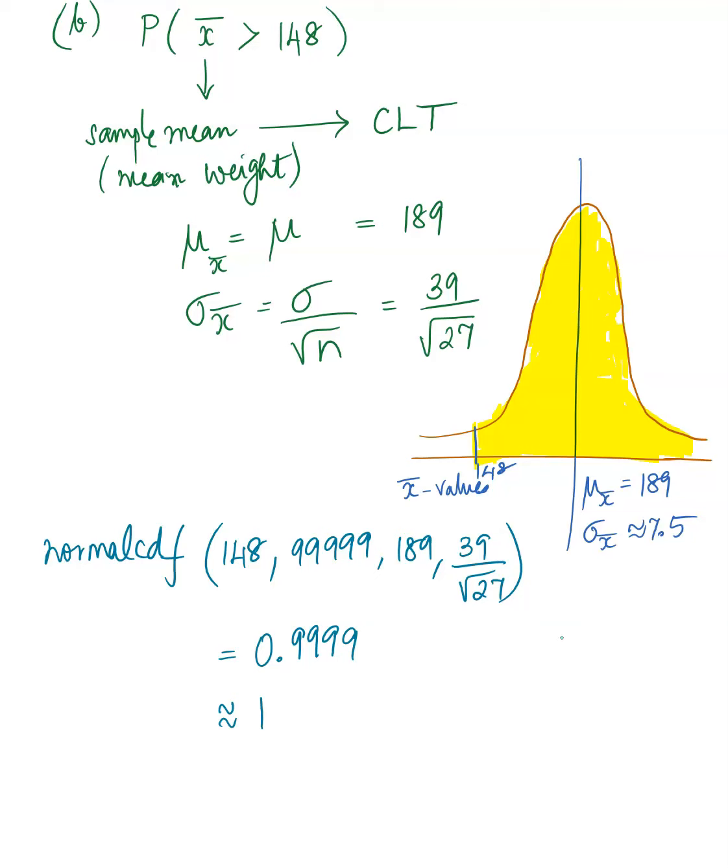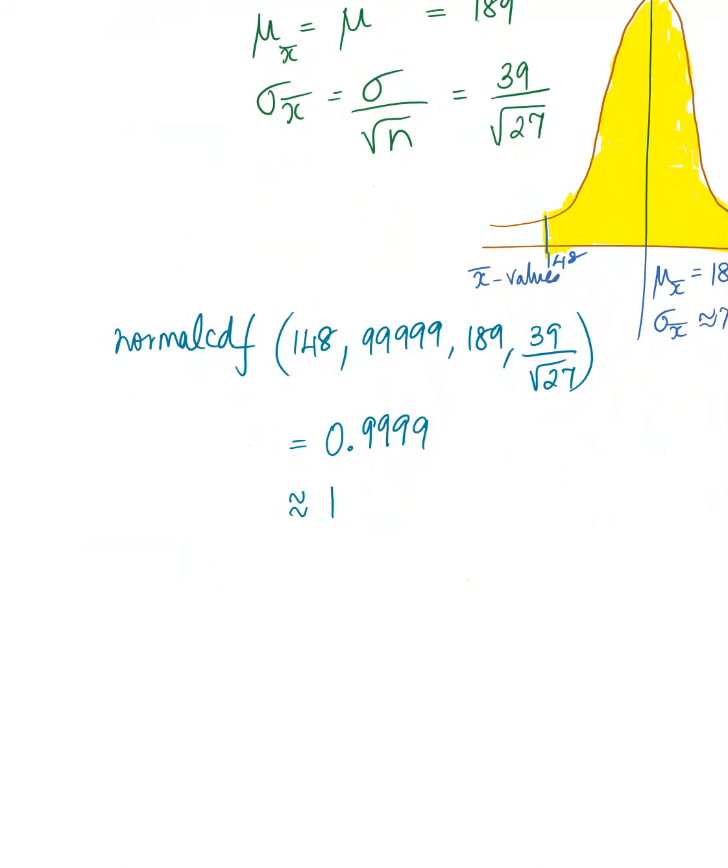So you're not choosing males of a certain height or a certain weight to make this true, to say all these males were below 148, so their mean weight was 148 or less, and therefore the probability of selecting them would be a different value. But here we're saying randomly selected males, so they can be of all heights and weights, and therefore if you took 27 of them, and took their mean weight, then it is absolutely certain that their average weight will be more than 148 pounds.